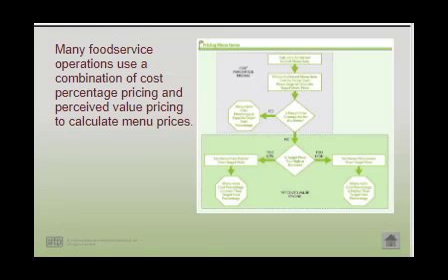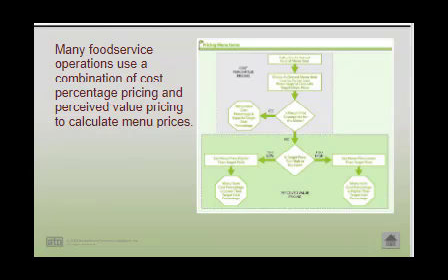Many food service operations use a combination of cost percentage pricing and perceived value pricing to determine the final prices on a menu. Perceived value pricing is the process of adjusting a target menu price based on how the management thinks a consumer will perceive the price. There are two aspects to perceived value pricing.